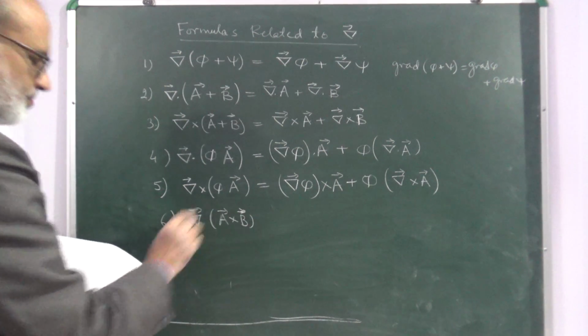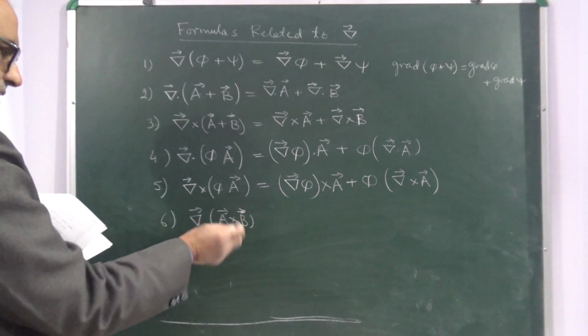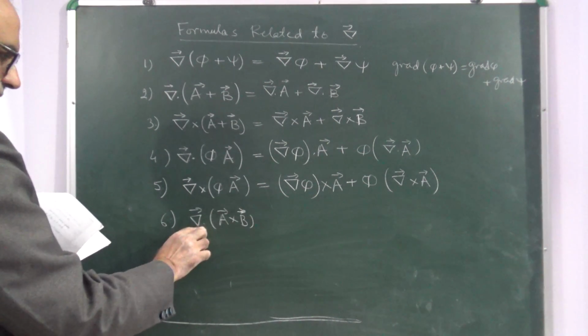A cross B is a vector field. The cross product of two vectors is a vector. And this is the divergence because this is a vector.